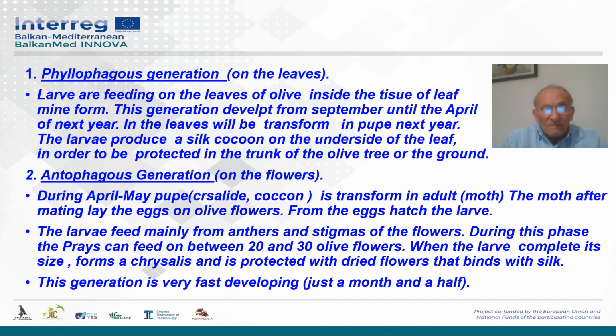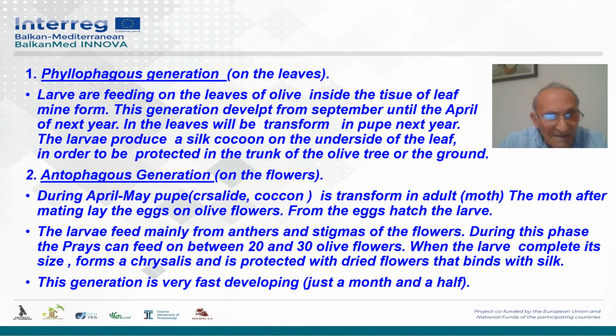Anthophagous generation we can find on the flowers. During April-May, the pupa or chrysalid or cocoon is transformed into an adult, into the moth. The moth, after mating, lays the eggs on the olive flowers. From the eggs hatch the larvae. The larvae feed mainly on anthers and stigmas of the flowers.